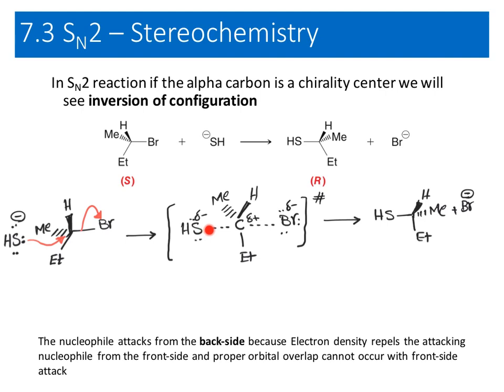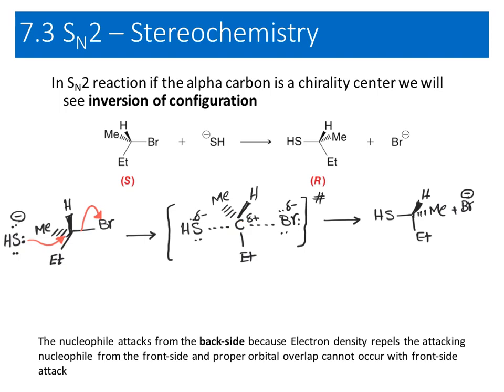So the dotted line between sulfur and carbon shows that the bond is forming between the nucleophile and the electrophilic carbon. The dotted line between bromine and carbon shows that the bond is breaking between the leaving group and the electrophilic carbon.